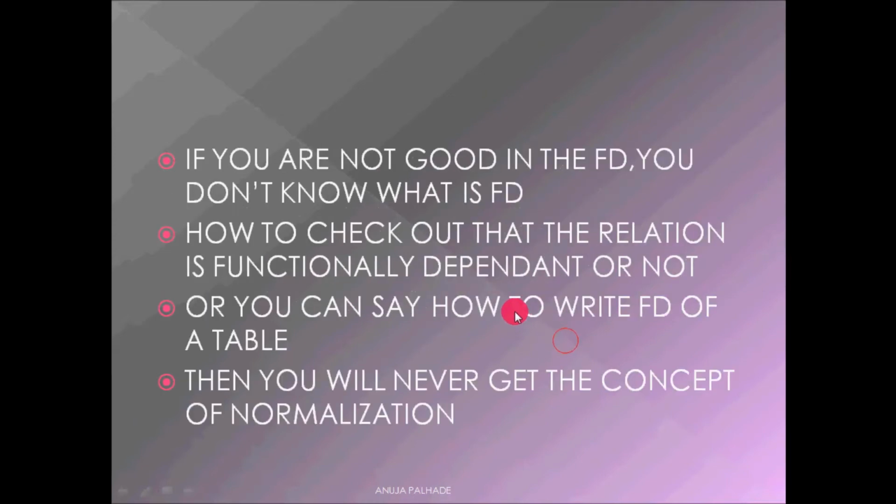If you are not good in functional dependency, you don't know how to check whether a relation is functionally dependent or not, or how to write the functional dependency of the table, then you will never get the concept of normalization further.